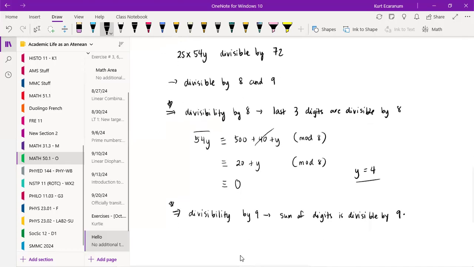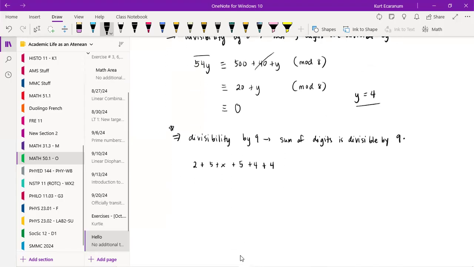And what do I mean by the sum of digits? Magiging 2 plus 5 plus x plus 5 plus 4. Ay, susulat ko pa ba yung y? Hindi na, since nahanap na natin eh. So, plus 4 na lang.